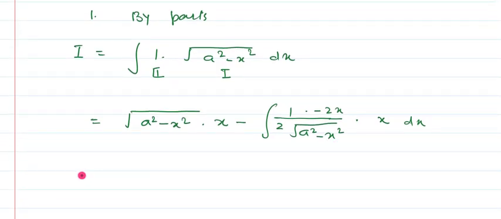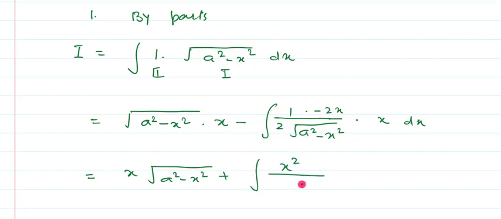Simplifying this term, we get x into square root of a square minus x square plus integration of, after cancelling, x square upon square root of a square minus x square dx.